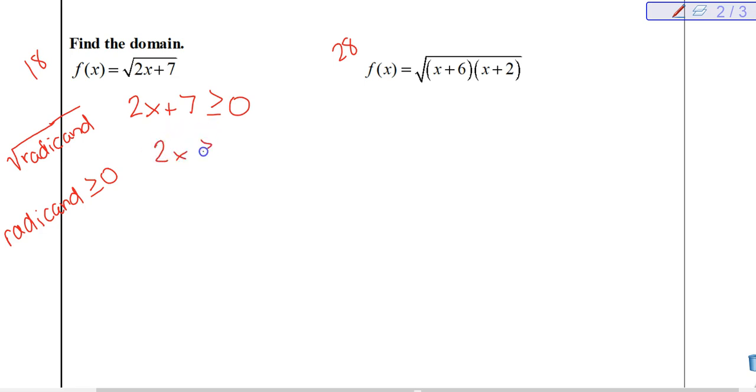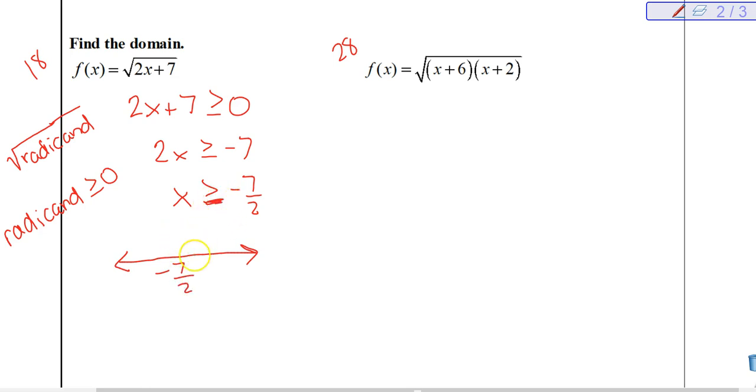So 2x is greater than or equal to -7, or x is greater than or equal to -7/2. Pretty basic if you're just turning your brain on and thinking about what I'm restricted from putting underneath the square root, and that's negatives. So I can have zeros, I can have positives. If I were to graph that, would I be inclusive of the negative 7/2?